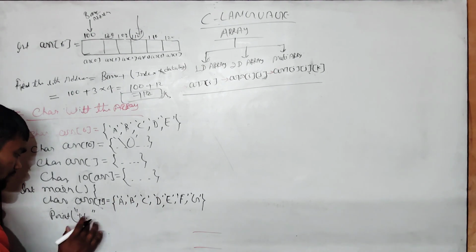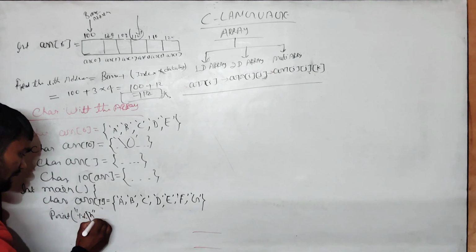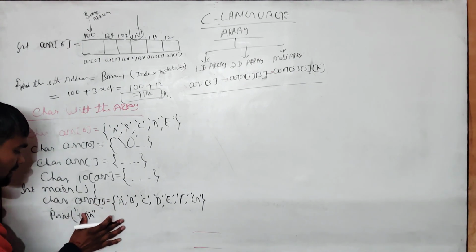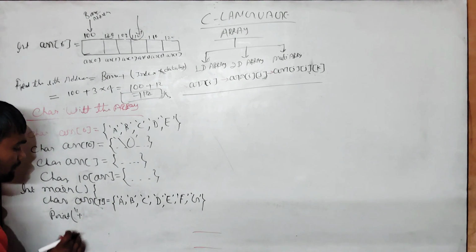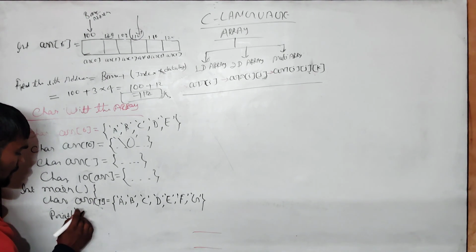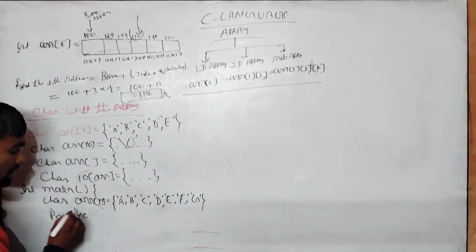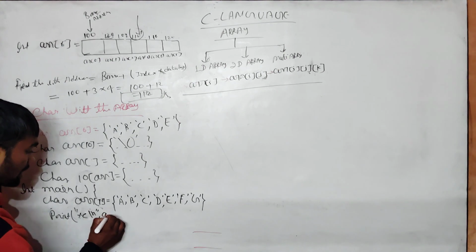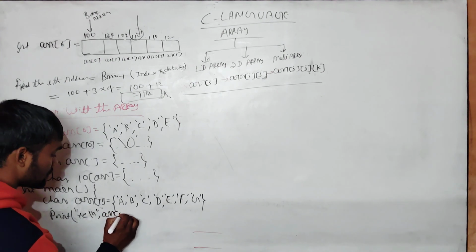If you want to print on the next line, you can use slash n in this place. Okay, it is a character, and for a character what is the format specifier? Percentage c.